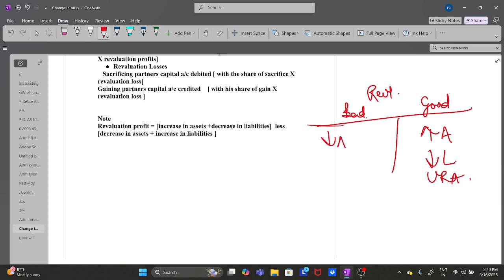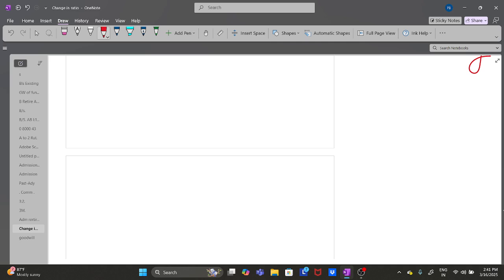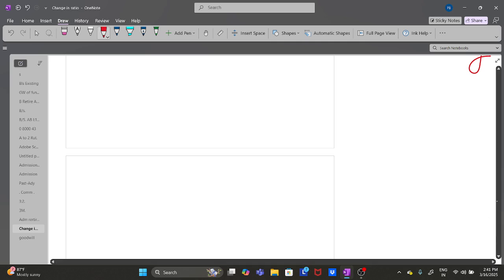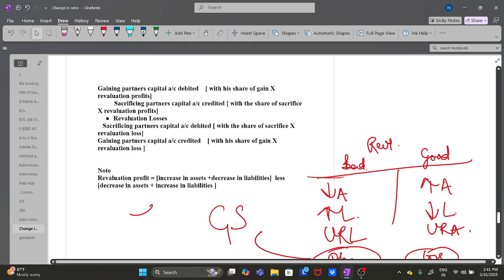Bad means decrease in asset, increase in liability, or any unrecorded liability. Now you can either have profit or you can have loss. If you have profit, follow the rule GS. If you have the loss, follow the rule SG. This has to be done if we want to show these assets at their old values.